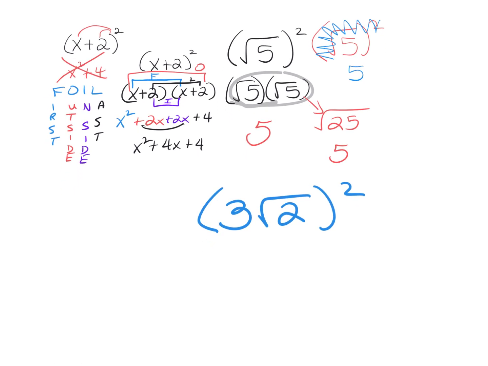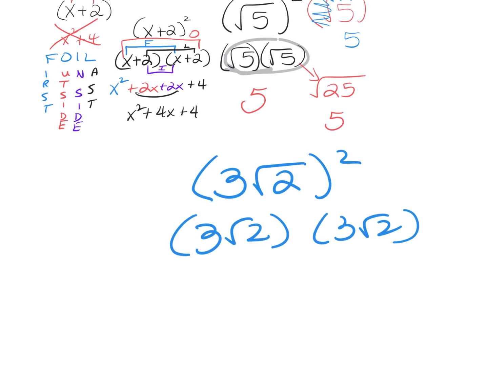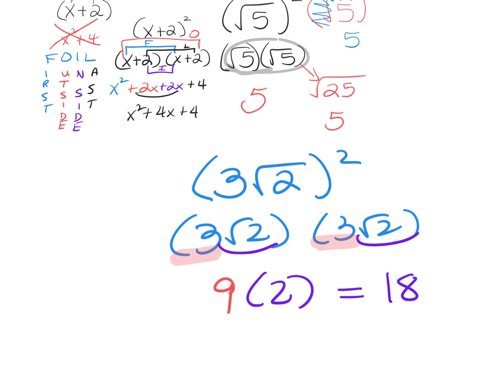So we're going to do 3 square root 2 times 3 square root 2. We multiply the 2 outsides together: 3 times 3 gives me 9. And again, you can think of this as a pair of square root 2's, so the 2 comes out, and the final answer here is 18. So be able to square all these different things, because that's what we're going to be doing to the sides of the triangle when we apply the Pythagorean theorem.